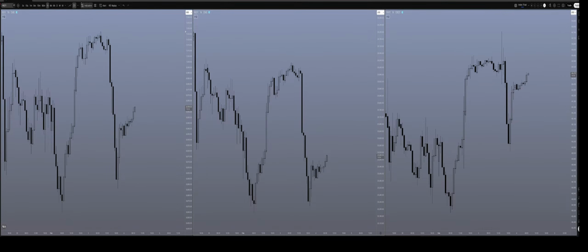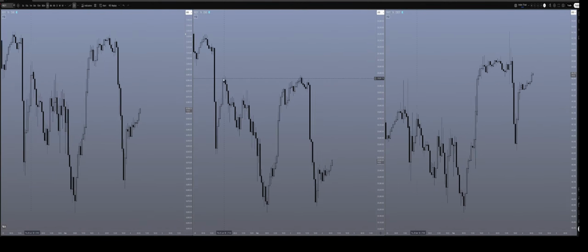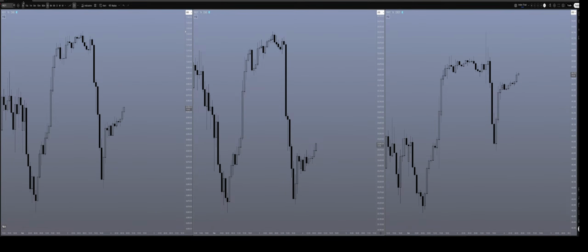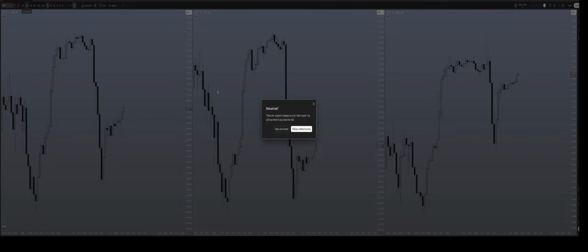I don't know what's going on here. Why is that not loading? Let's reload the tab, sorry.